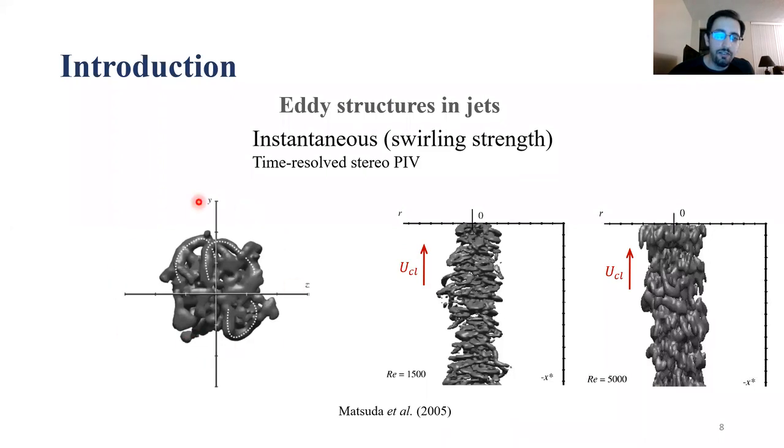Here on the left, we are looking at a cross-flow plane, where the center line of the jet is located here, and we can see that the C-shaped eddy structures are positioned around the rim of the jet. The legs are closer to the center line, and the heads of these eddies are facing away from the center line.